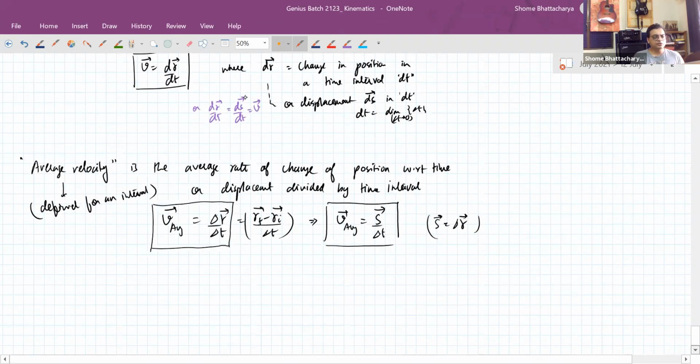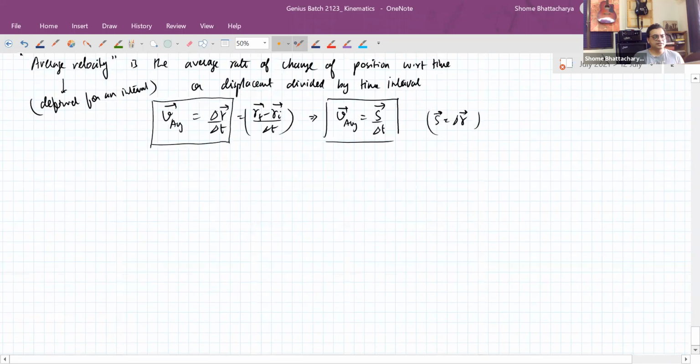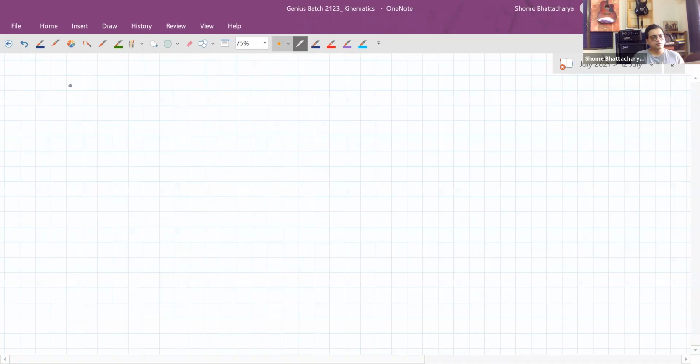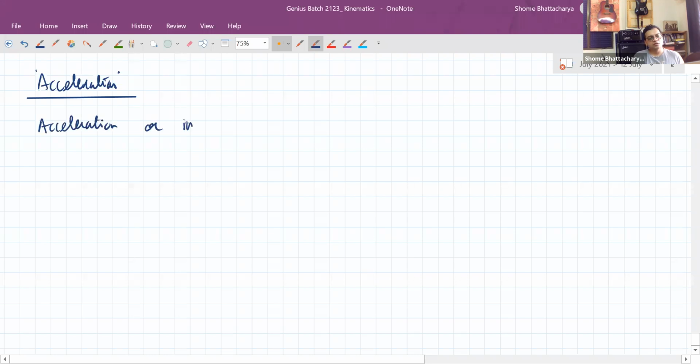Okay, now the final of the parameters is the acceleration. Just like velocity, when we say acceleration in general, we mean instantaneous acceleration, or in more proper terms, instantaneous acceleration.